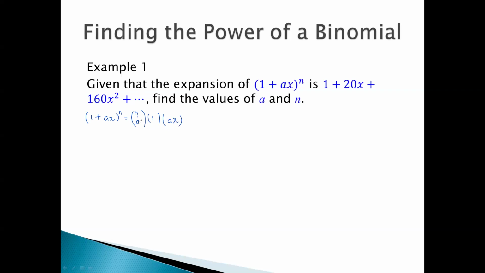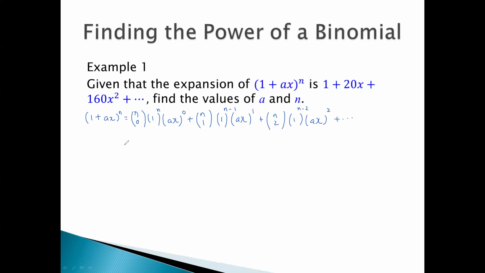The power from here goes up to this power, and this n minus 0 is n. They only gave me 3 terms, so I'm going to expand to the third term: n choose 1, 1, ax to the power 1, here's n minus 1, plus n choose 2, 1, ax, and here goes up to the power, and this n minus 2, and then plus dot dot dot.